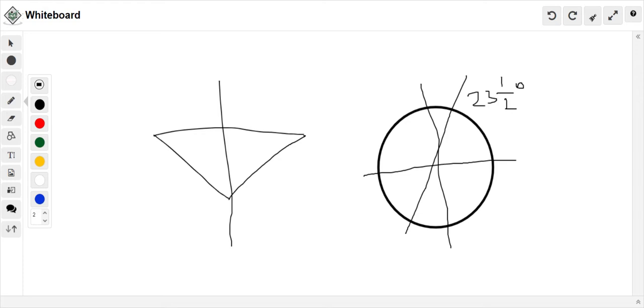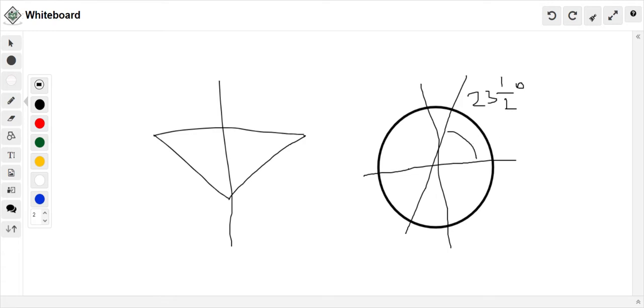From the orbital plane, it's 66 and a half degrees, but from the vertical plane, it's 23 and a half degrees. So remember this fact.